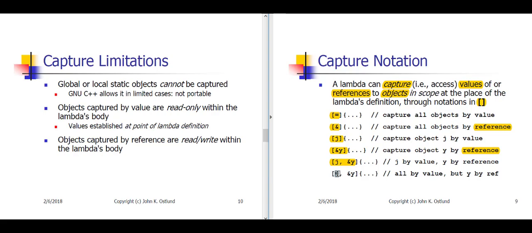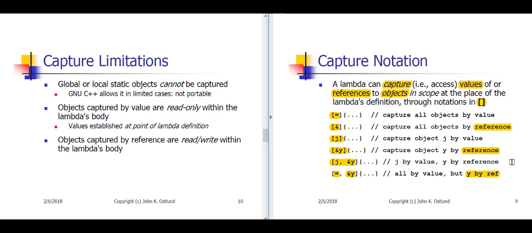If I use, on the other hand, an equal sign in the square brackets, that means that I want to be able to access all of the objects in scope by value. But here, by also saying ampersand y, I'm saying, by the way, I want to access the value y by reference. Okay?